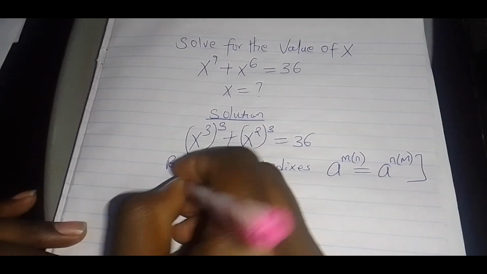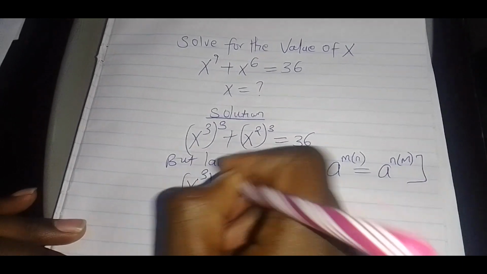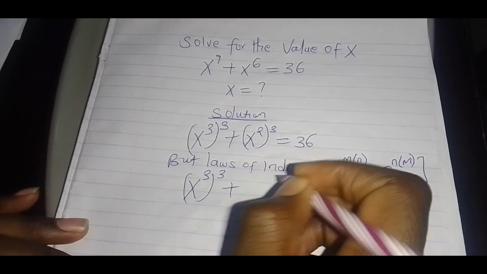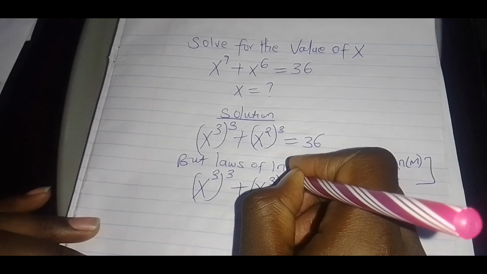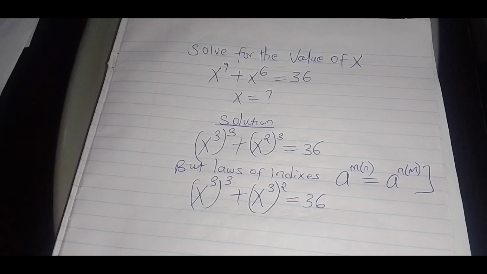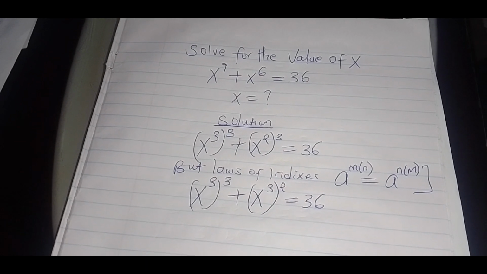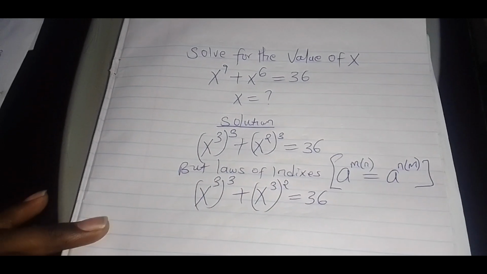We can express it as x cubed multiplied by 3 plus x cubed multiplied by 2 is equal to 36. So it's just the interchange of the powers according to the rule.